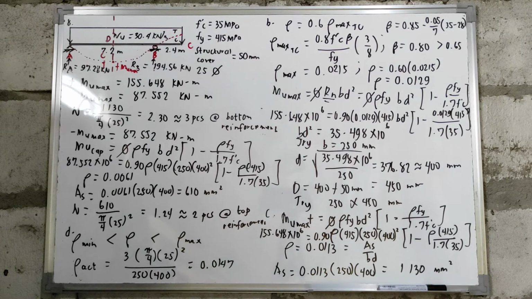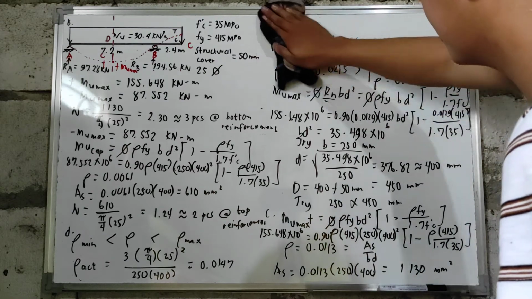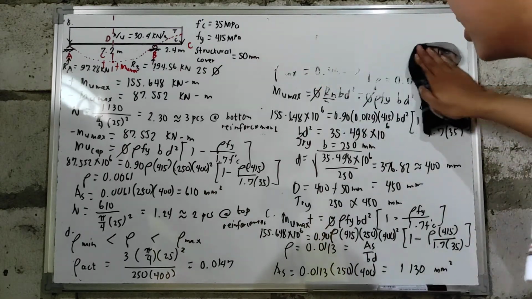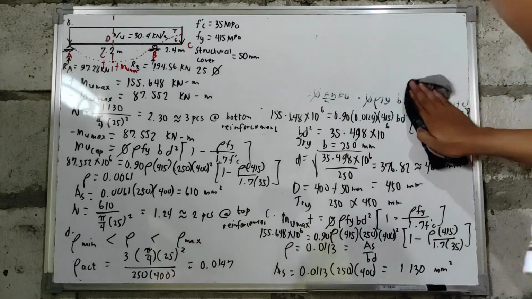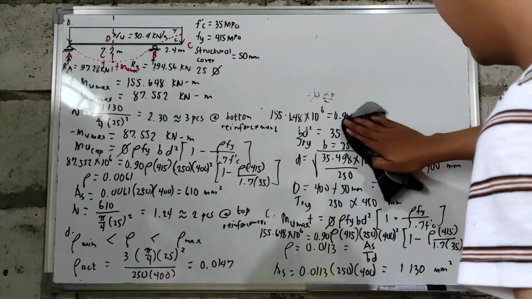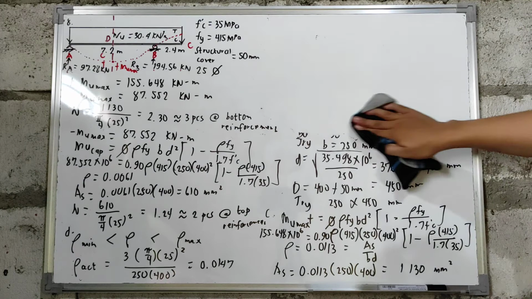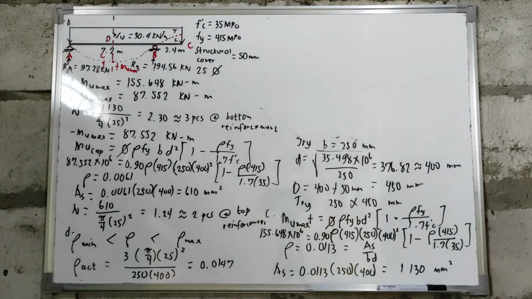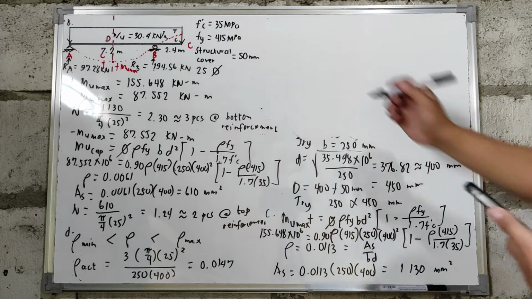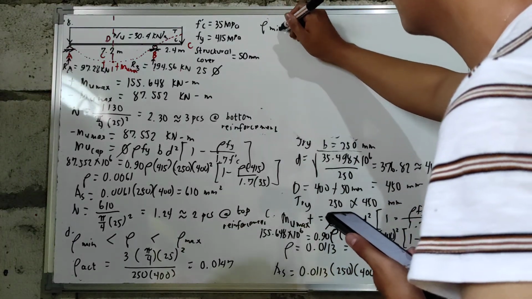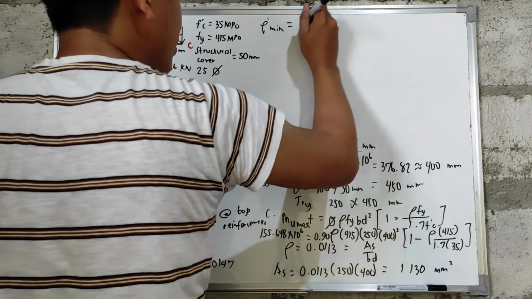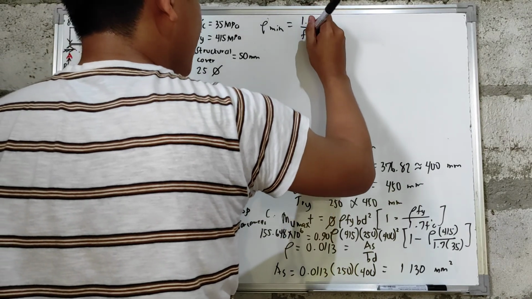And after that, kunin naman natin yung value ng rho minimum natin. In computing for the value of your rho minimum, meron lang tayong dalawang formula. And kung ano yung higher value between these formulas for rho minimum, yun yung i-adapt nating value. So, gamitin muna natin yung unang formula. That is 1.4 over Fy.